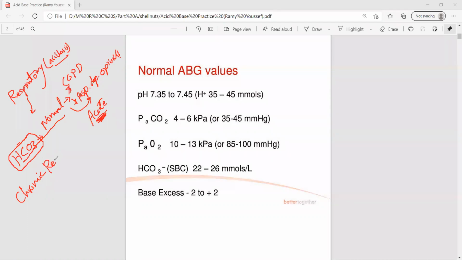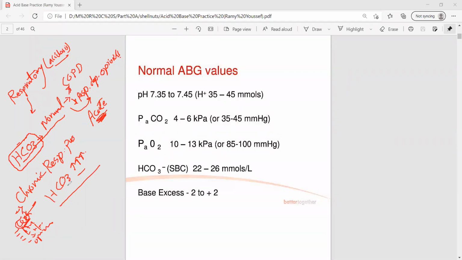Any chronic respiratory problem, the HCO3 will be high. So if I go with the choices and I find COPD, atelectasis, infection, opioid action, whatever, and I find HCO3 high, I go directly for the chronic condition.